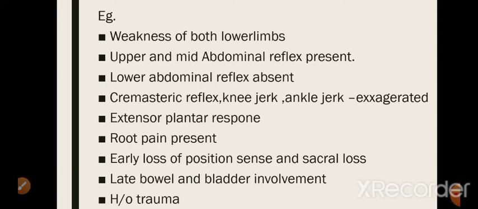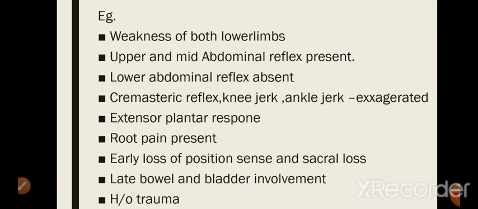From these reflexes, we can find the level of the lesion. The upper abdominal reflex is present, its root is T7 to T9, and the mid reflex is T9 to T10. So up to T10 everything is normal, and the problem is below T10. The lower abdominal reflex is absent.